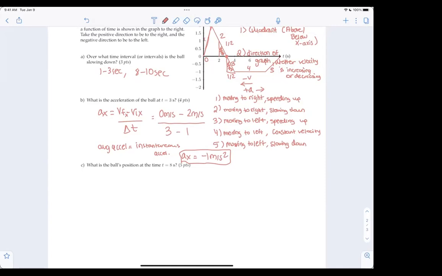Because you're trying to figure out the position of the ball at the time t equals 8 seconds. Now, in order to get displacement and not distance, you have to factor in the area that's underneath the curves here, because that will give you an indication of where exactly the final position is relative to the origin.